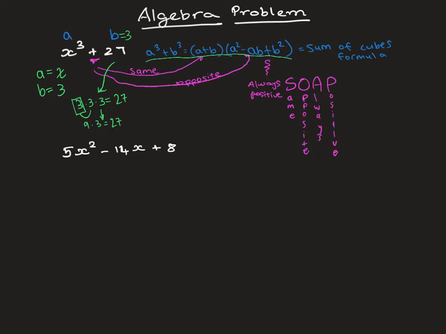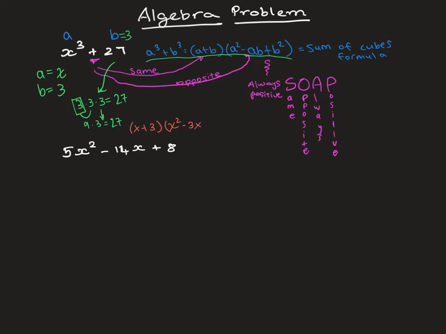So we've got our a and b values. x cubed plus 27 is equal to a plus b, which is x plus 3, times a squared, which is x squared, minus ab. ab just means a times b, so what's 3 times x?